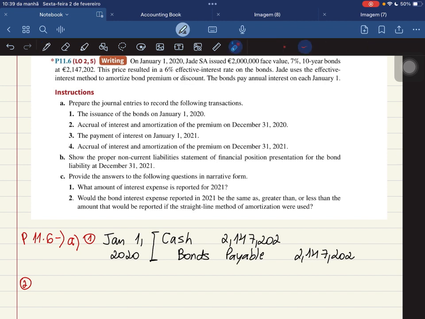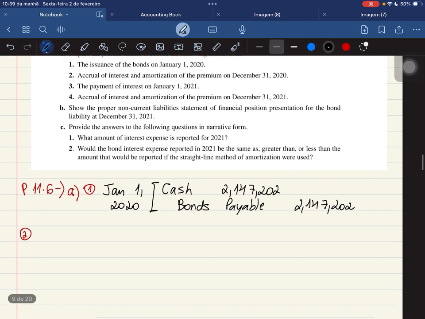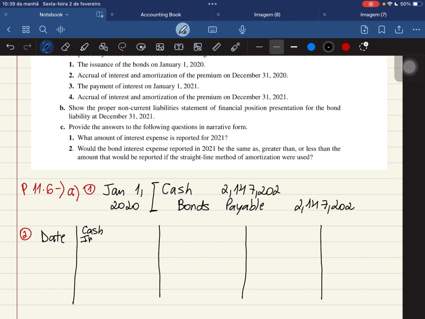Letter B: journal entry for the accrual of interest and amortization on the premium on December 31st, 2020. Well, that's table time, right? Because every time they ask for a premium amortization or discount amortization, there is a way for you to calculate it without a table, but I personally prefer to do it with a table because it's easier for you not to get lost.